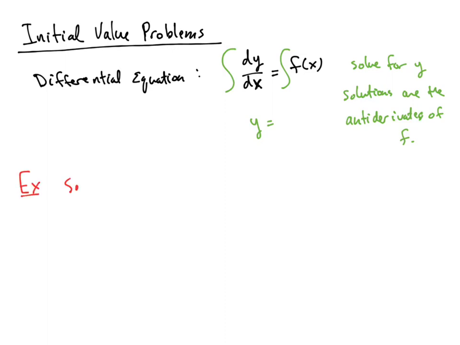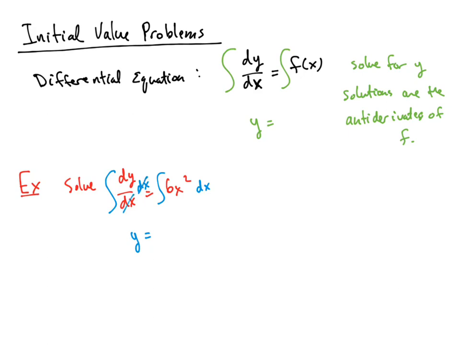Let's solve dy/dx is equal to 6x squared. What we can do is integrate both sides. What we're left with on the left-hand side is y. On the right-hand side, I should write a dx here. When I write a dx on the right-hand side, those will cancel.